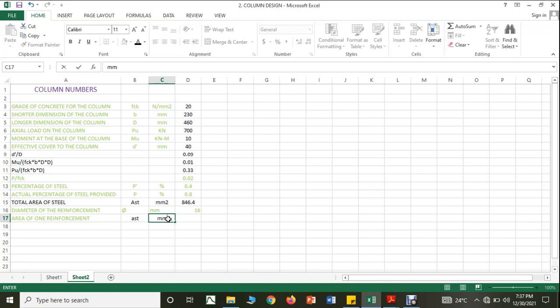That will be equal to pi by 4 d square, that is 3.142 into 16 into 16 divided by 4. That will be the area of one reinforcement.